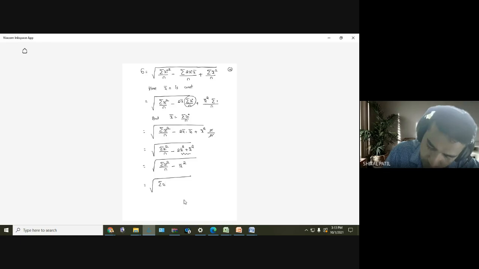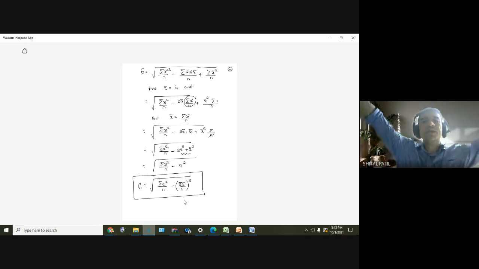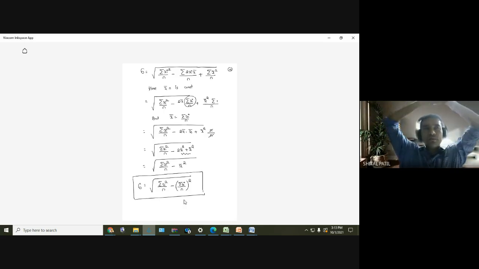Summation of xi square divided by n minus summation of xi divided by n whole square. This is the formula of sigma, which is to be used while solving the examples. If you understood derivation, well and good. If not, you remember the formula.